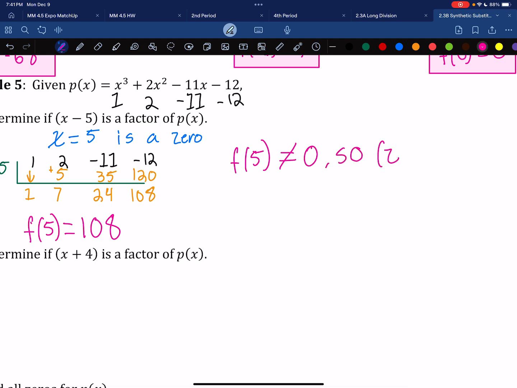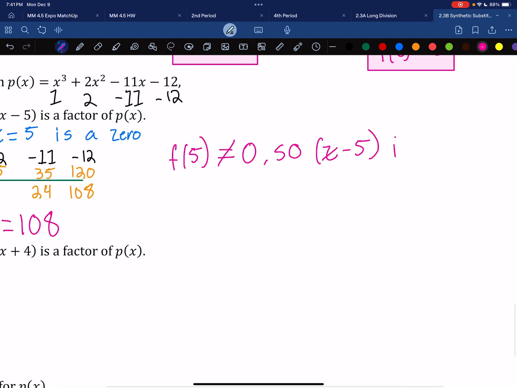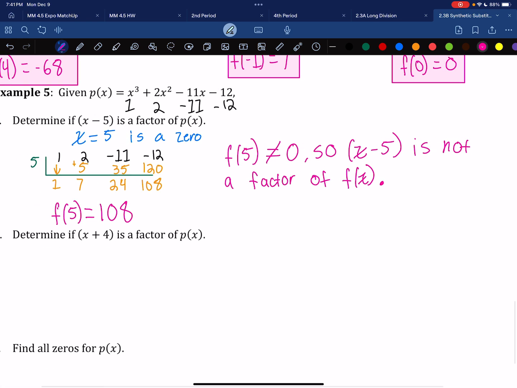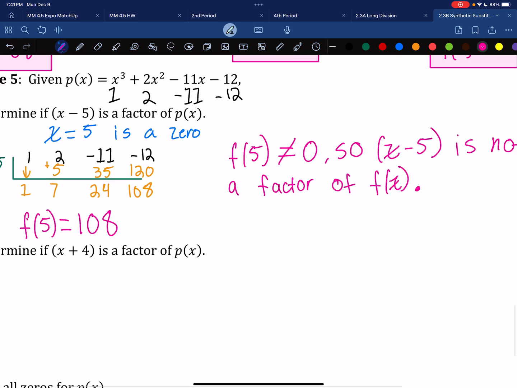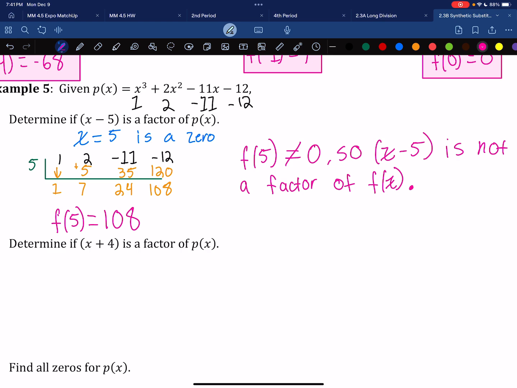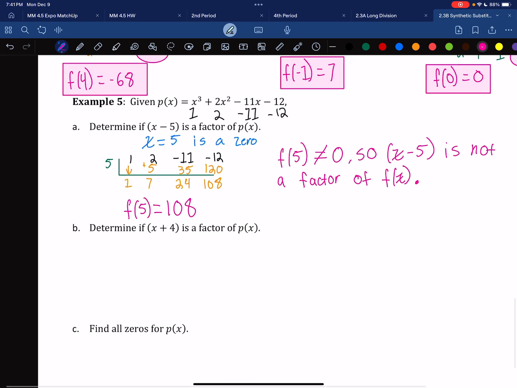So x minus 5 is not a factor of f of x. If f of 5 did equal 0, then x minus 5 would be a factor. But it didn't, so x minus 5 is not a factor.